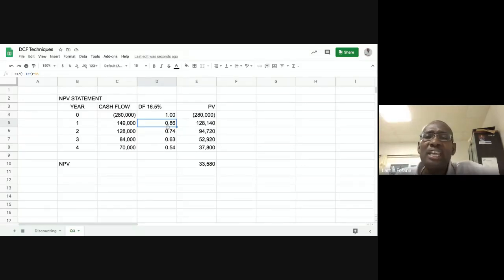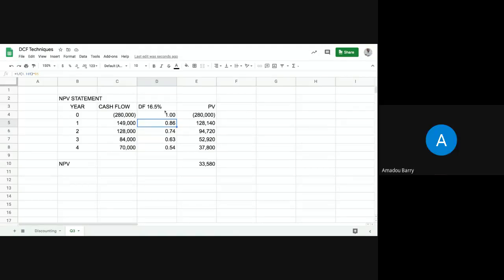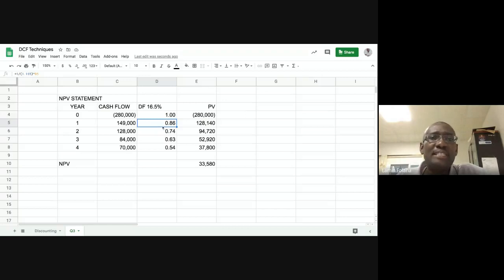But if you multiply this by this, it will not give you the 0.86 answer, because you can see 0.86, but in actual sense, it's less than that. I don't know whether you understand. Yes, I do. So this is why we need to take the 0.86 here, multiply by the number, and then that will give us this.